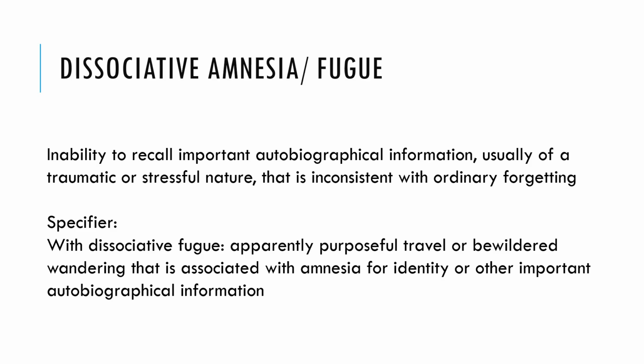And there was an article many years ago about a person from California who ended up in New York City. She did not know anything as far as her autobiographical information.